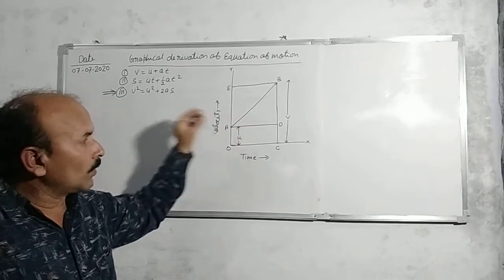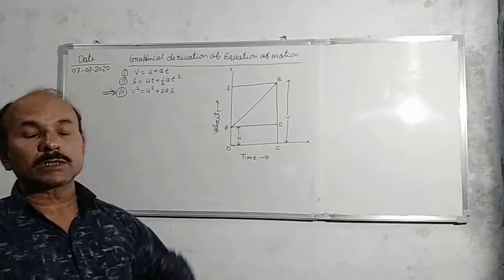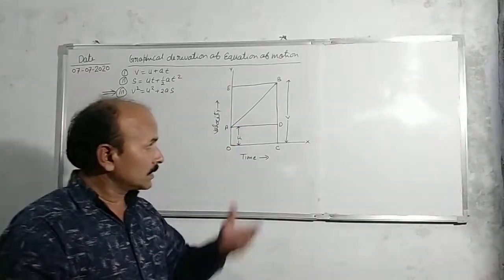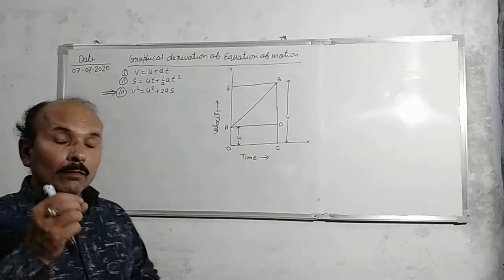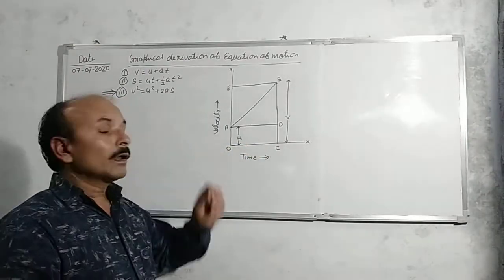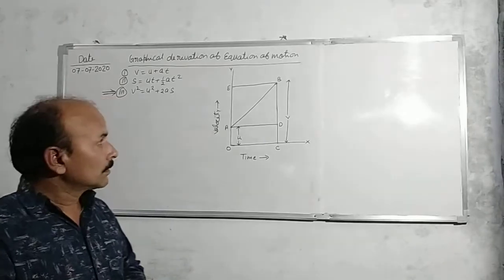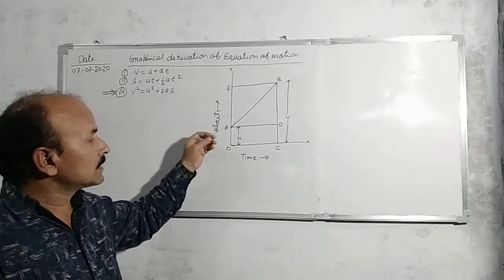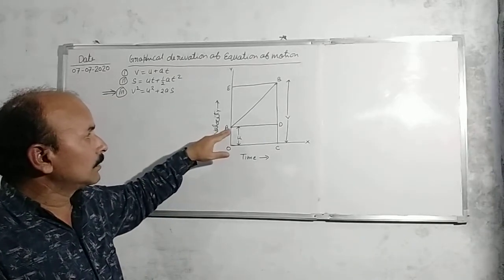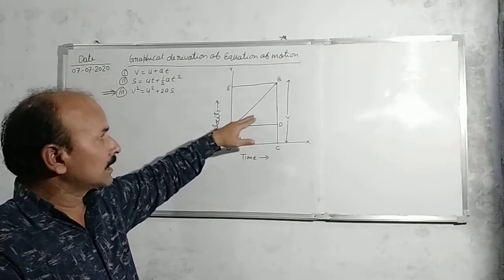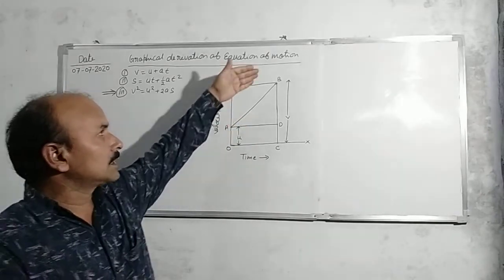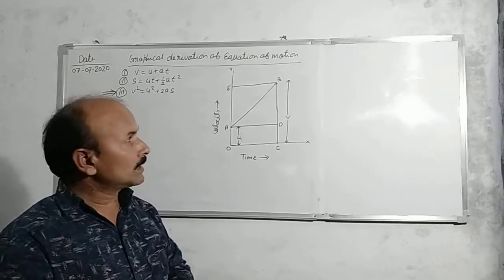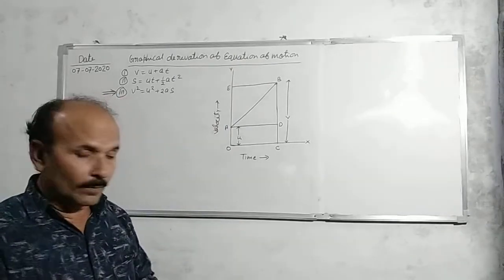You can write all the statements with the help of this diagram. The object moves with initial velocity at A with uniform acceleration a, and after time t it reaches B, where its final velocity becomes v.